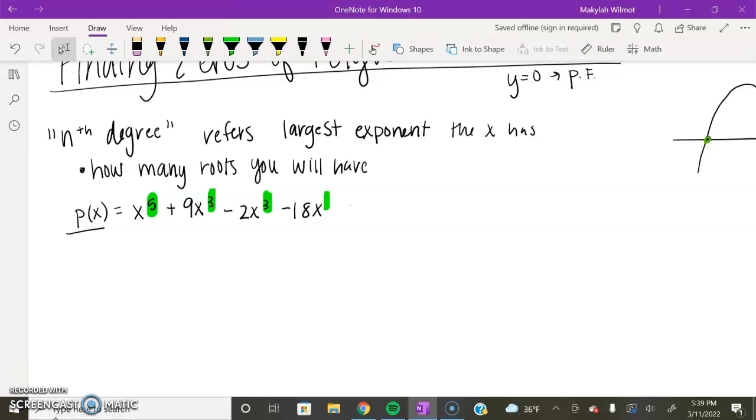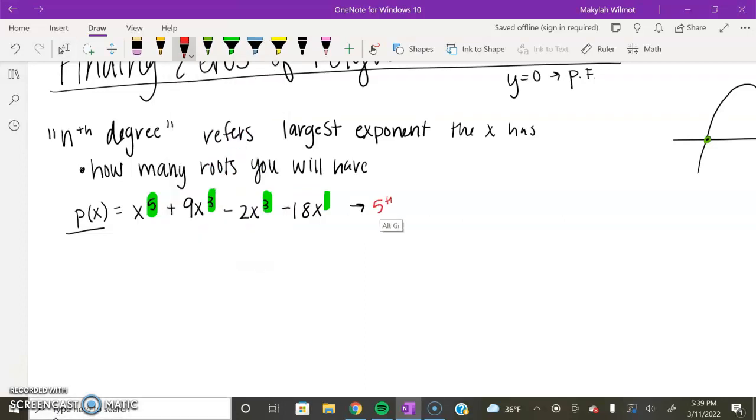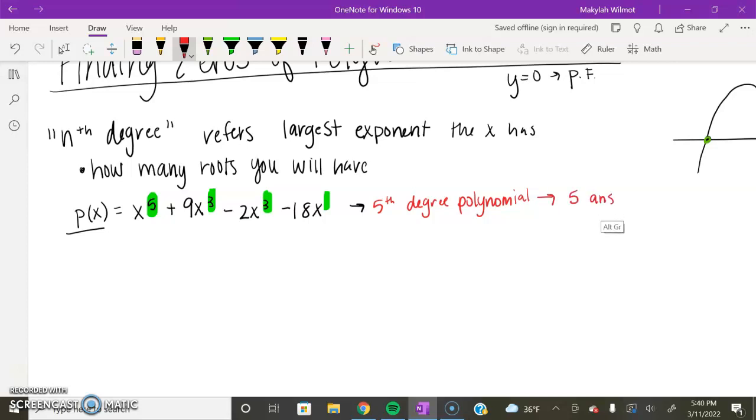So this is going to be, I'm going to write it in red, a 5th degree polynomial. Okay, I keep hitting buttons on my laptop, but anyways, okay. So 5th degree polynomial, so that means it has 5 answers.